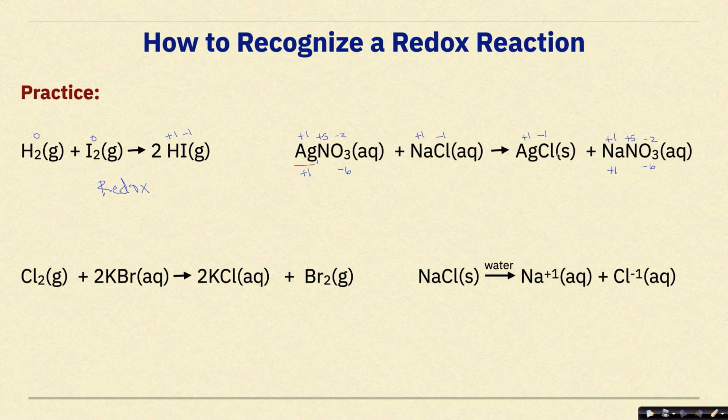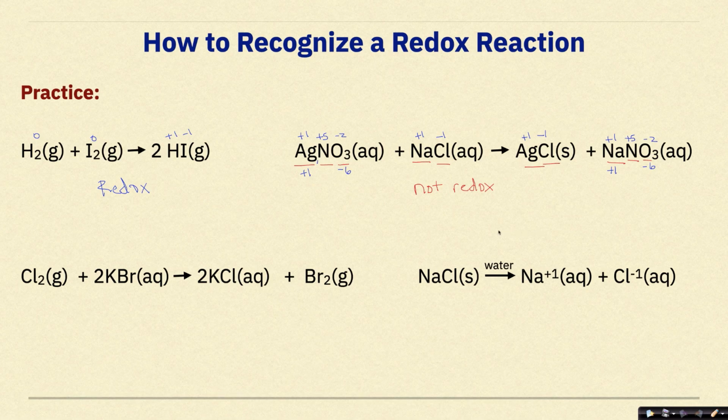Ag is +1 here, +1 here. Nitrogen is +5, +5. Oxygen is -2 on both sides. Na is +1 on both sides. And Cl on both sides is -1. So this is not redox. We could call this a double replacement reaction. We could call this a precipitation reaction, but it's not a redox reaction.